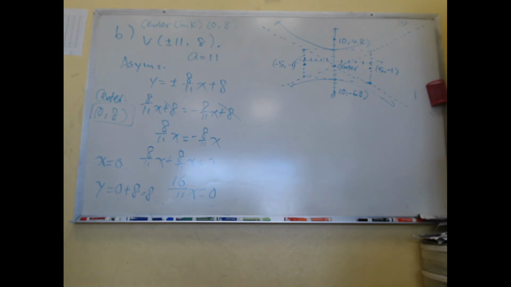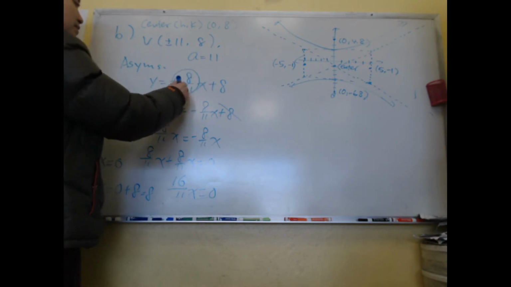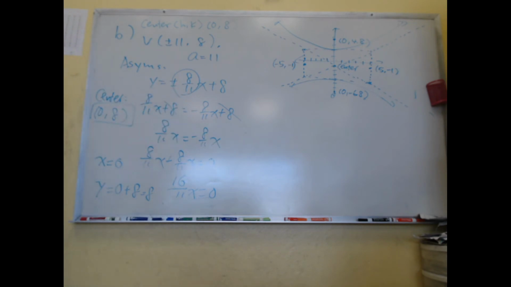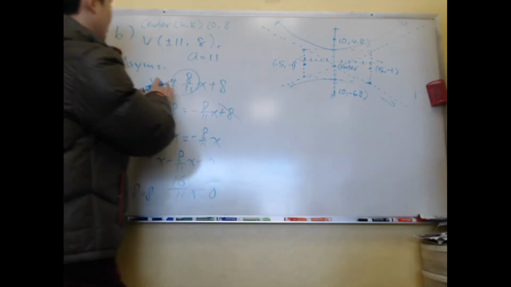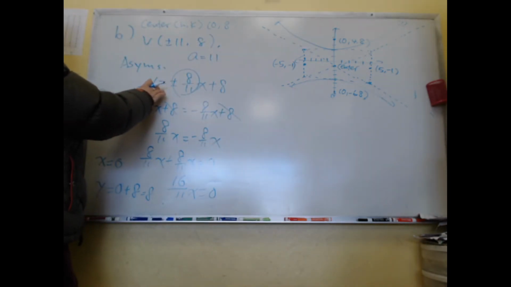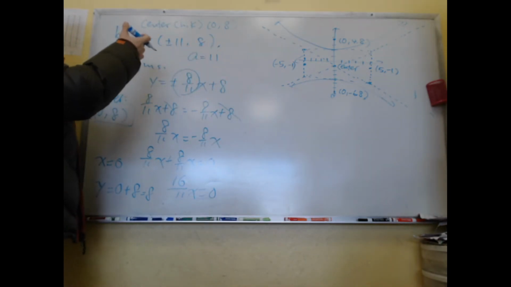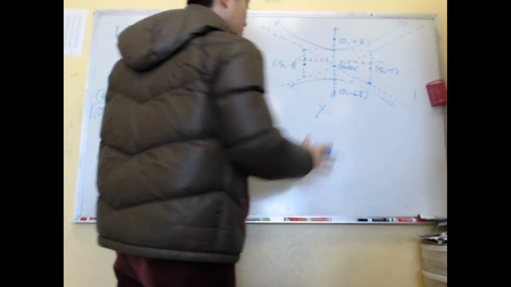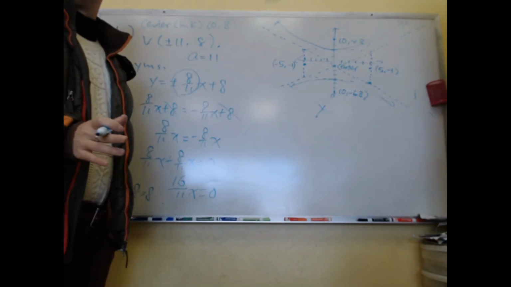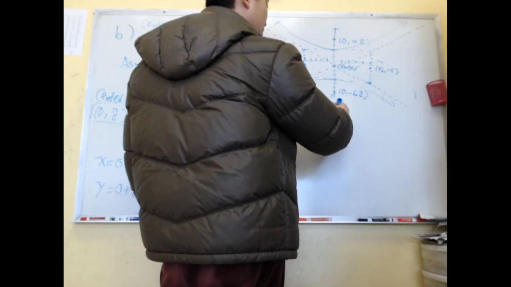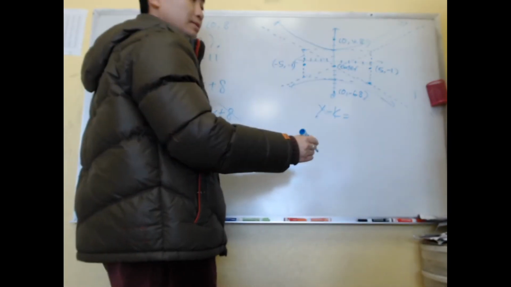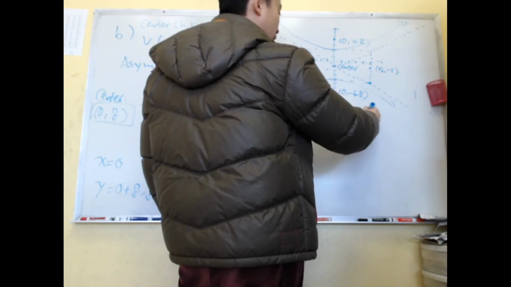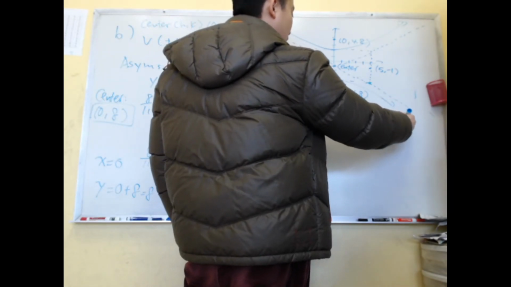Right. Remember, the slope here, what does that tell you? Rise over run. Again, what kind of hyperbola is this? Horizontal, right? How do you find the slant asymptote for the horizontal hyperbola? y minus k equals plus minus b over a times x minus h, right?